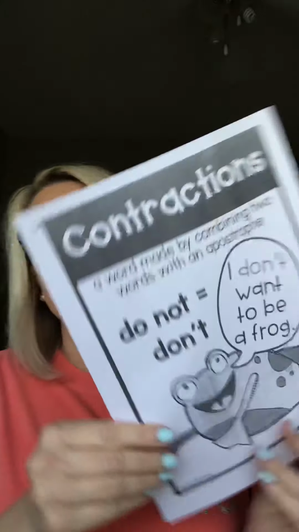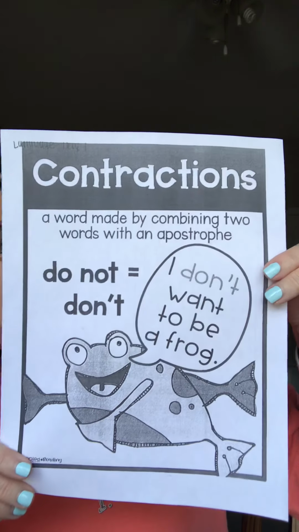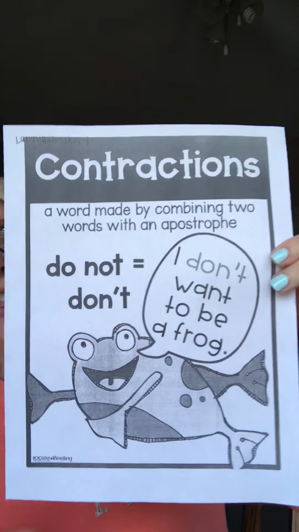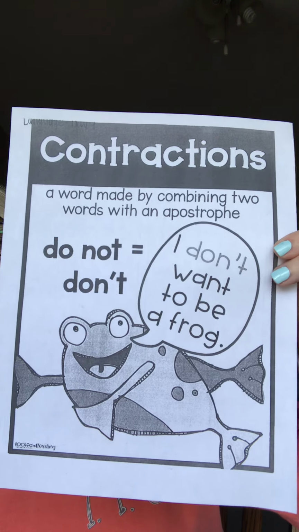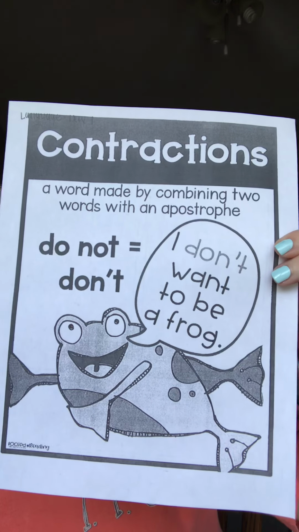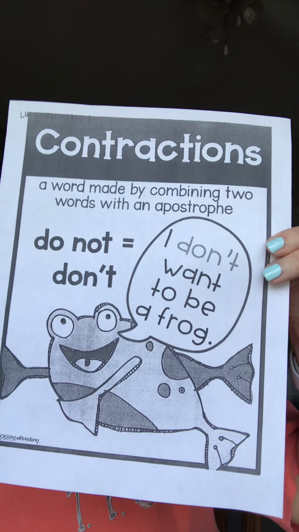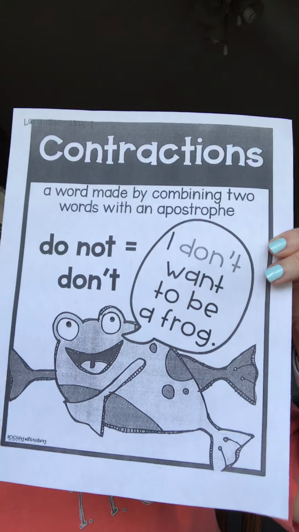You have a poster that will help you figure out the meaning of a contraction if you have forgotten. It says a contraction is a word that is made by combining two words with an apostrophe.